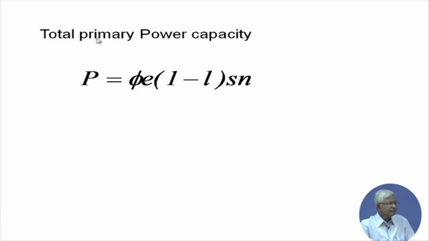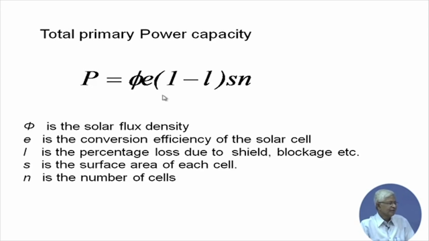So with all these different factors, the total primary power which is coming from the solar cells can be expressed in terms of solar flux density and the conversion efficiency E. Then there is a certain percentage loss due to the shielding, as well as certain shadows that might be falling onto the solar cell.